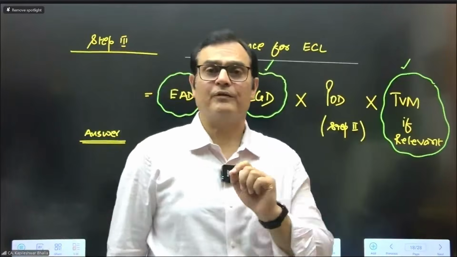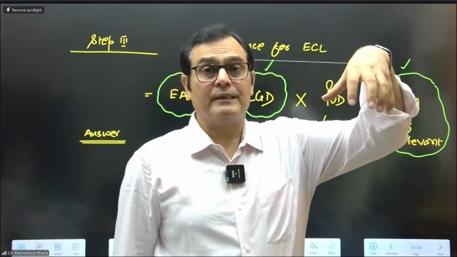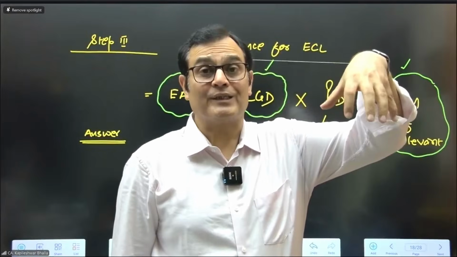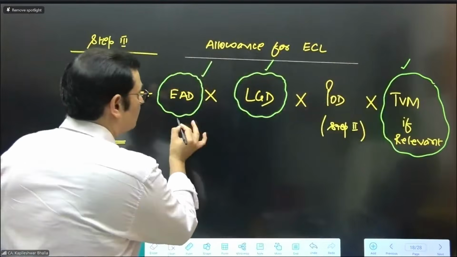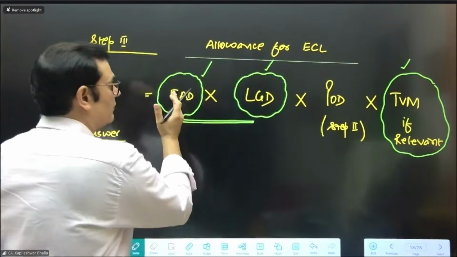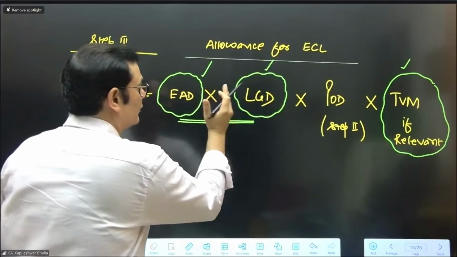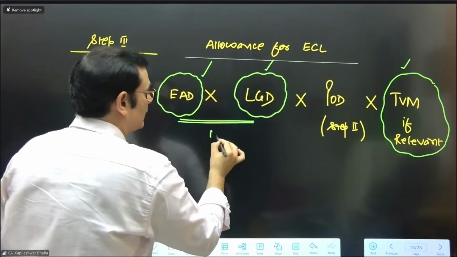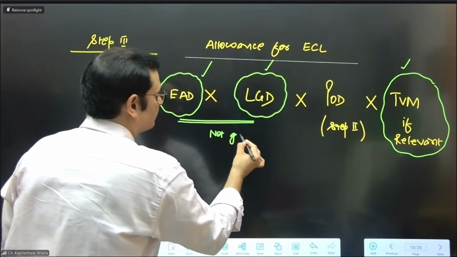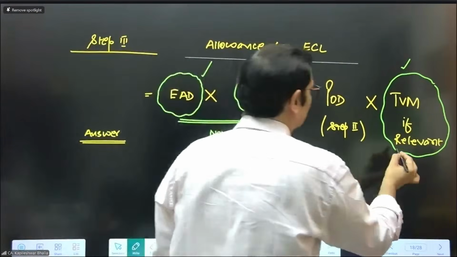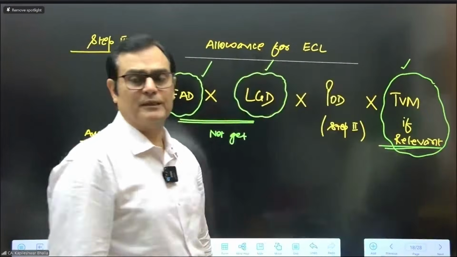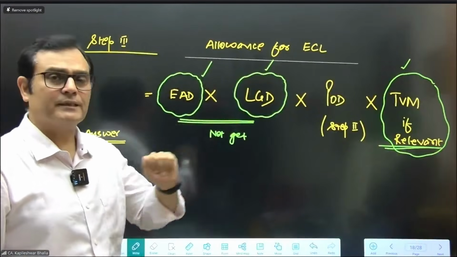Calculate the amount which you will not get. When you multiply this, it tells you the amount which you will not get. And when you consider this with reference to time value of money, you get the amount. So POD can be taken later.